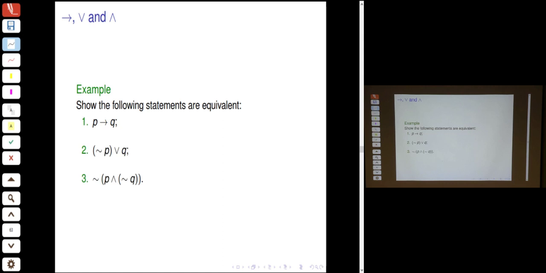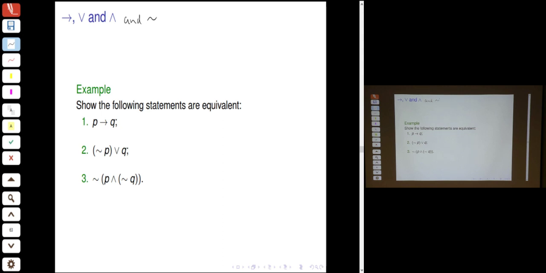Okay, so here we try to establish the relation between these connectives, actually also with negation. If you just have negation and OR, you can express P arrow Q in an equivalent way.